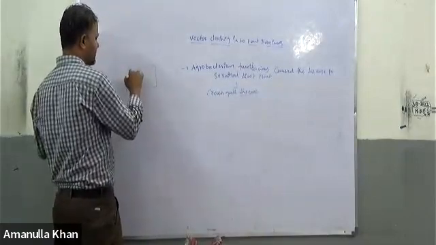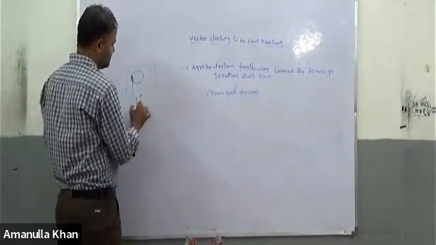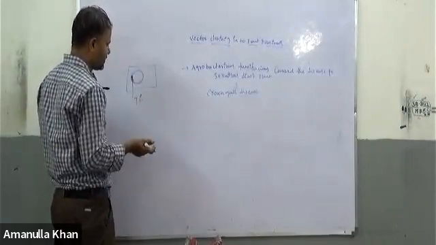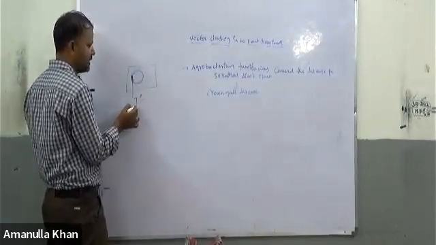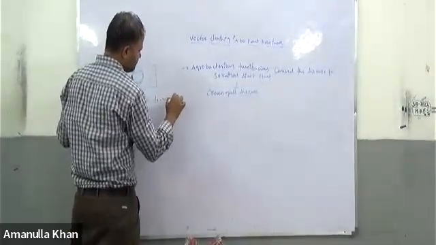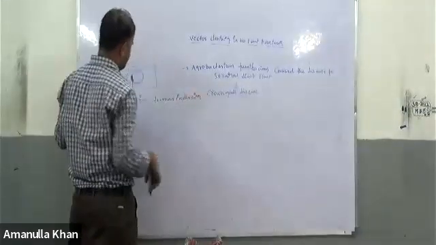This gene is called Ti. Ti means it induces the tumor. That's why it is called the tumor-inducing plasmid.